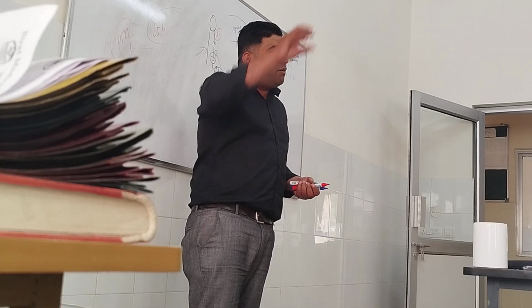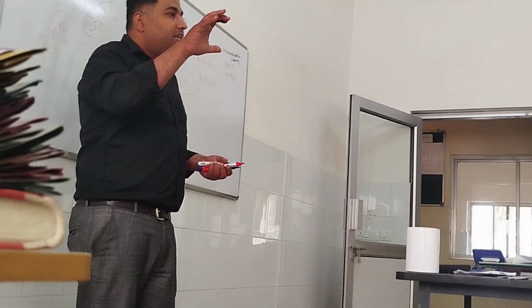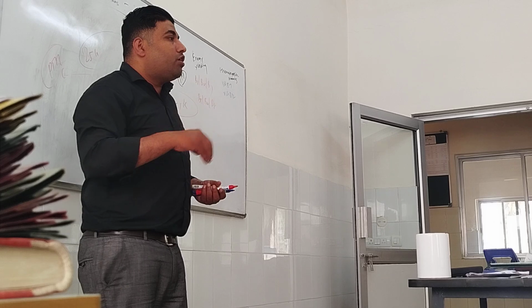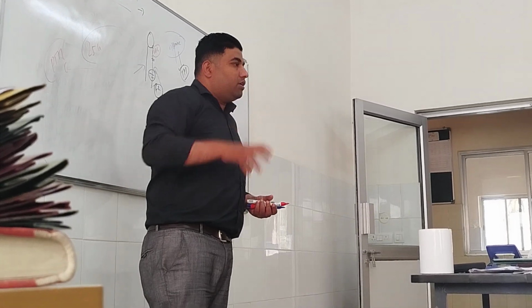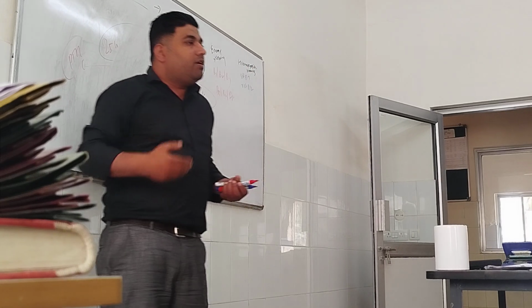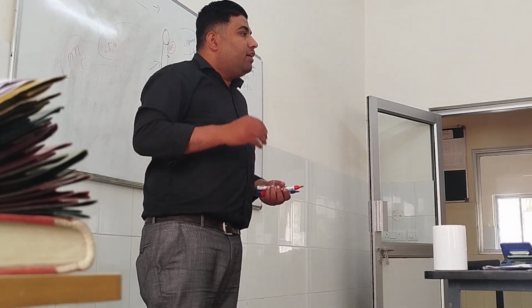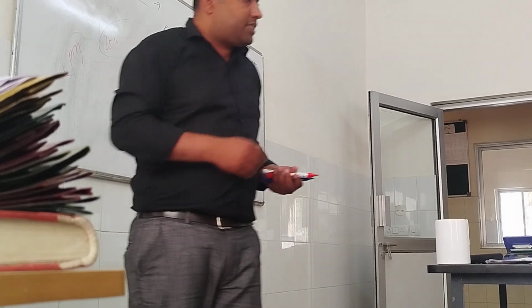Without the presence of vitamin K, these clotting factors cannot be activated, and thus the clotting mechanism will be halted. So vitamin K helps in gamma carboxylation of factors 2, 7, 9 and 10 that are involved in the blood clotting process.